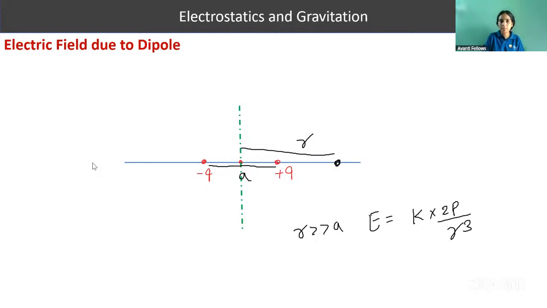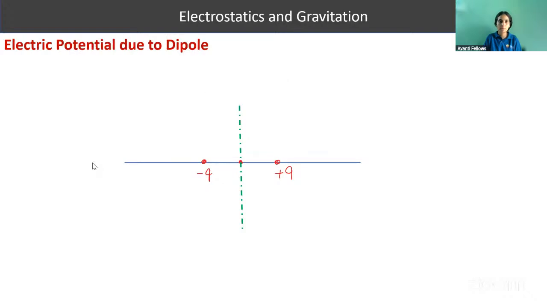And the direction will be in the direction of the dipole. At the equatorial point, the electric field is opposite to the direction of the dipole. And here the dipole direction is this, and the electric field value is k into p by r cube. So always have this in your mind.